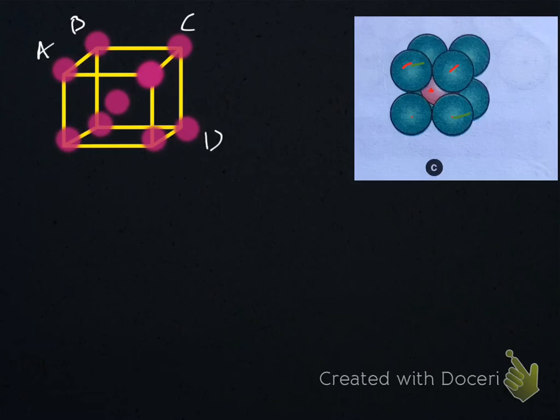You can see a body centered cubic system, and we have represented A, B, C and D here. AC is face diagonal and AD is body diagonal, drawing from this to this point, in which you can see the particle in the body center.